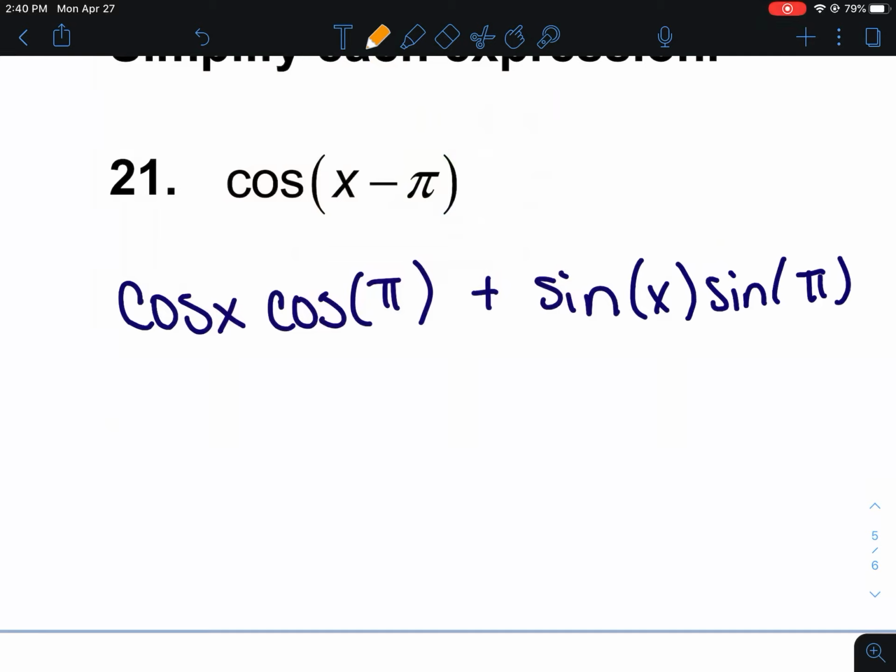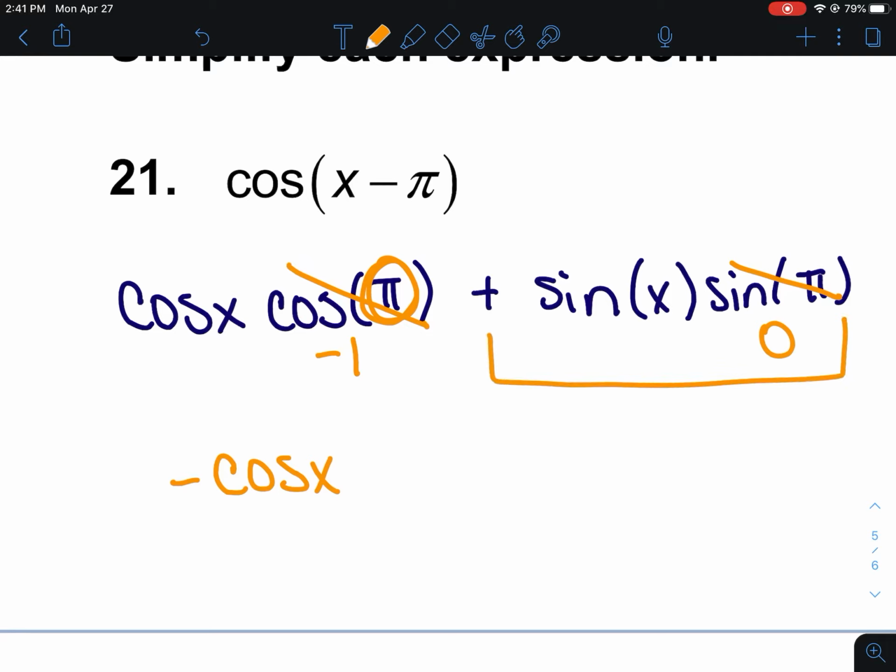Now I can't simplify anything with x, but I can with pi. Cosine of pi is negative 1. The sine of pi is 0. So this gives me a negative cosine x. Anything times 0 is just 0. So all I'm left with is negative cosine x.